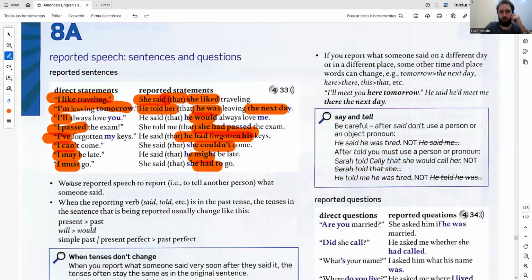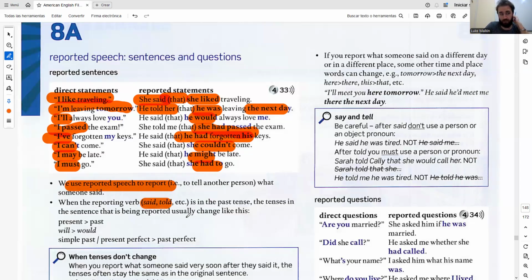Okay? So we use reported speech to report what somebody different said. And their conversation is not the same as what I want to say to you. I need to report their speech, not my own. When reporting, then we use said or told.